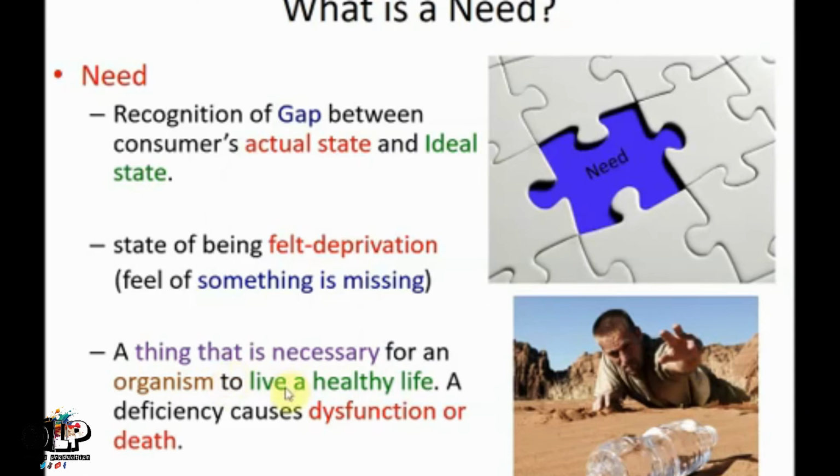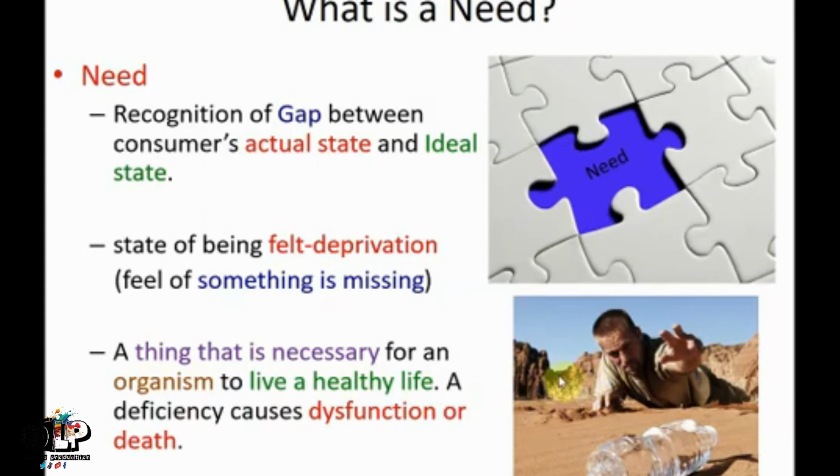If something quite essential for life doesn't reach the organism or the human, this would result in a dysfunction of the body, or may cause death as well. So if a man is left in a desert for a day or two without the necessary means to survive, maybe a water bottle, or food, a shelter, these are basically the needs of that person.